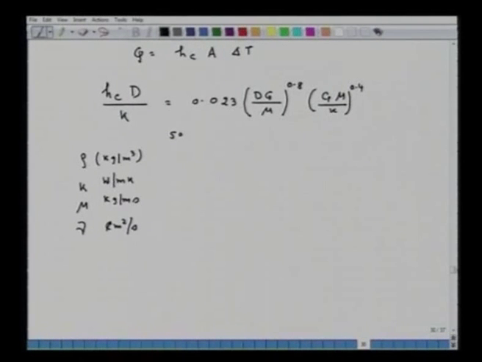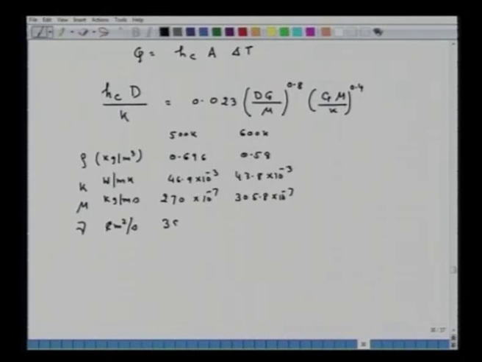So, at 500 Kelvin and at 600 Kelvin, density is 0.696, here it is 0.58, K is 46.9 into 10 to the power minus 3, here it is 43.8 into 10 to the power minus 3, mu is 270 into 10 to the power minus 7, here it is 305.8 into 10 to the power minus 7, kinematic viscosity is 38.8 into 10 to the power minus 6, here it is 52.7 into 10 to the power minus 6.